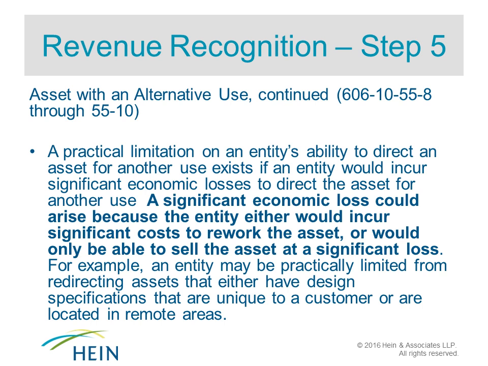So what's a significant economic loss? That could arise because the entity would incur significant costs to rework the asset for another customer, for instance, or would only be able to sell the asset at a significant loss. So that's what we mean by the practical limitation, as opposed to the contractual restriction.